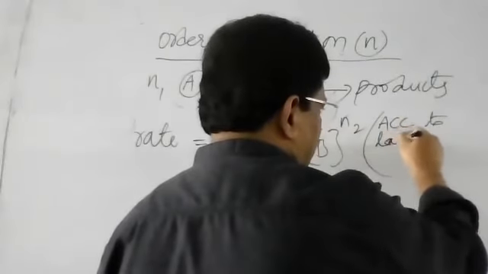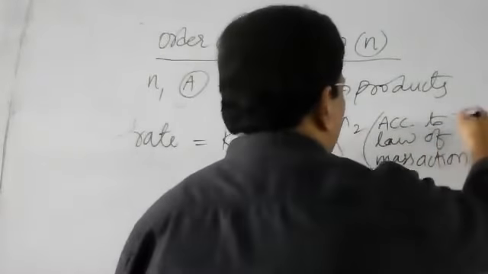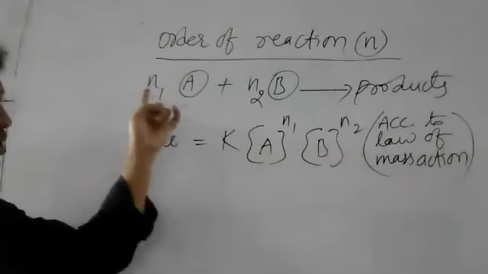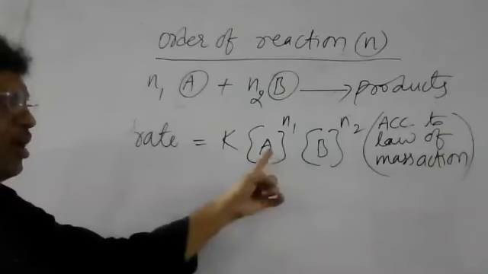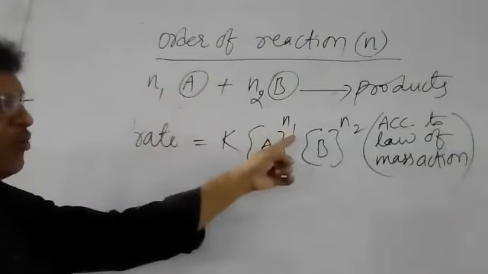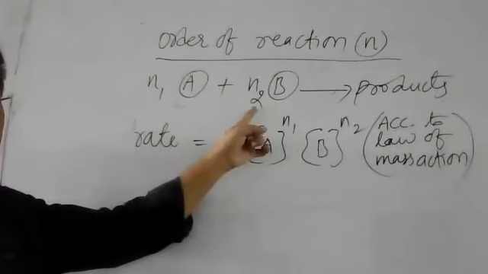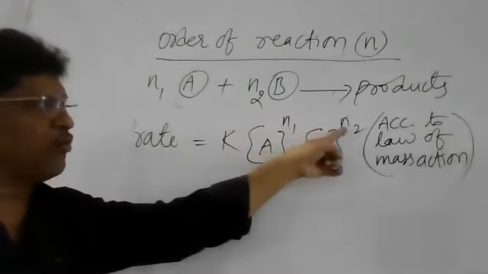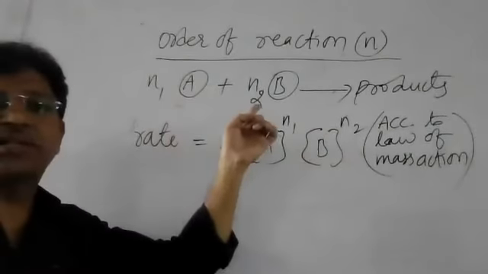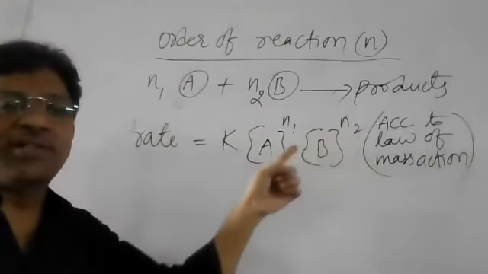According to the law of mass action, whatever number of moles appear in the balanced equation will be raised as powers of the concentration terms of the reactants. Here the stoichiometric coefficient of A will be the power of the concentration of A, and the stoichiometric coefficient of B will be the power of the concentration of B. Means the stoichiometric coefficients of reactants, N1 and N2, are the powers of the concentration terms.